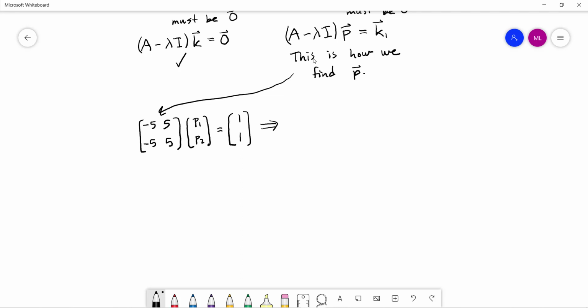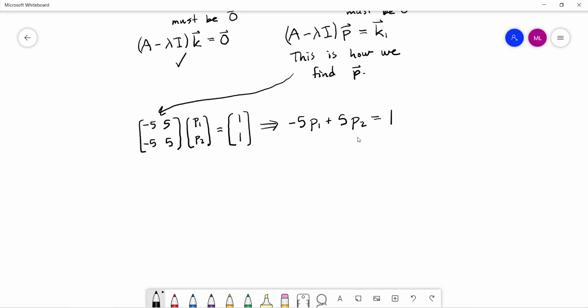For most people, it's easier to not try to do this in matrix form. What we really have is negative 5 times p1 plus 5 p2 equals 1. So this times this plus this times this equals the top entry. And again, you could have done the bottom one instead, and you would have had an identical equation, or at least identical mod some constant.